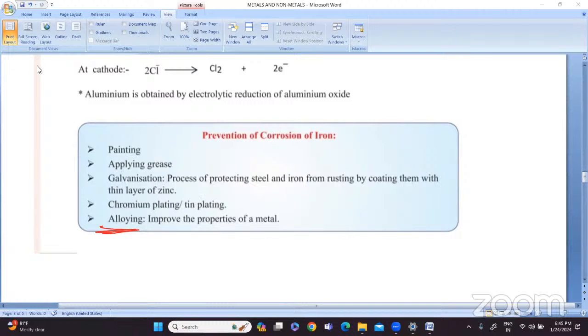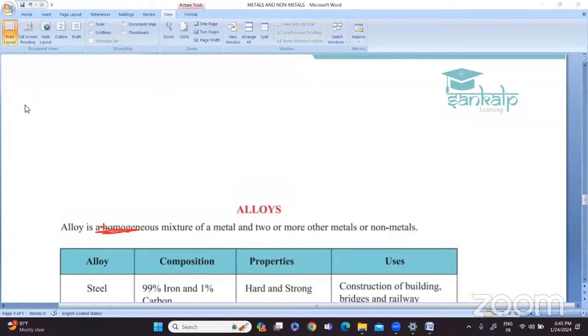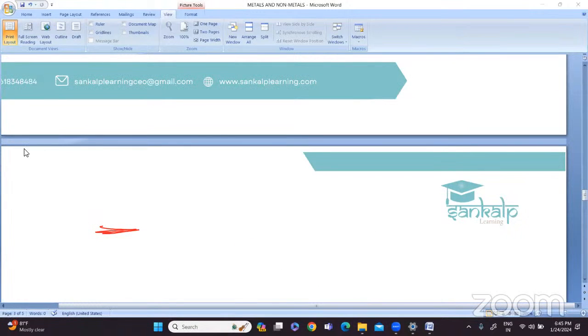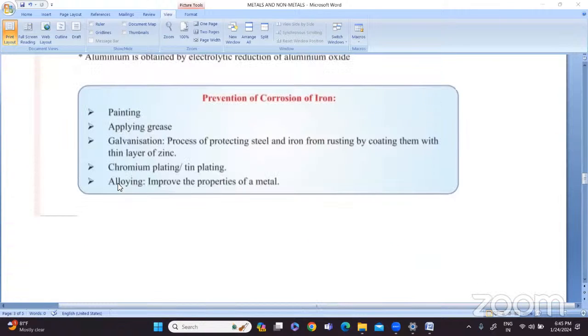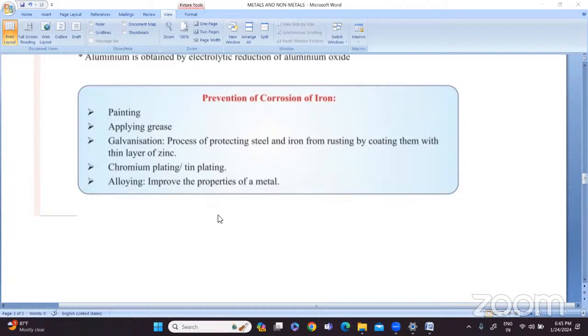What do you mean by alloys? When two or more metals or non-metals combine, the result is called an alloy. So by alloying, that is by improving the properties of metal, you can prevent corrosion of iron.